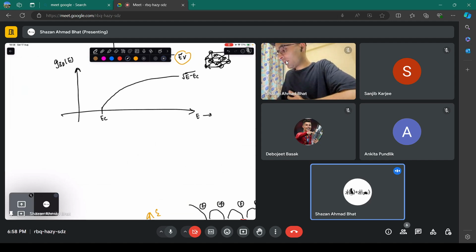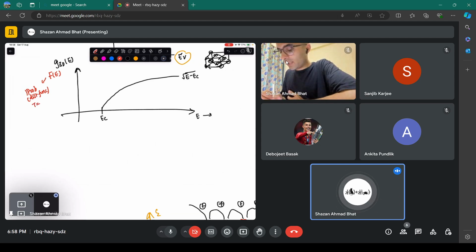Now you draw on the same plot the Fermi function, which gives the probability. It's the distribution function, also drawn with respect to energy.